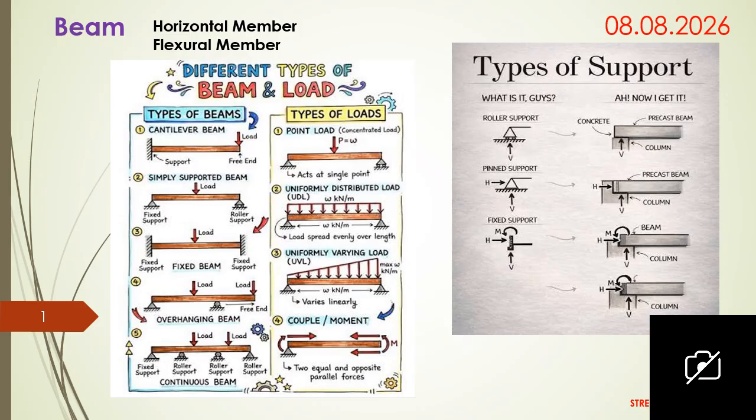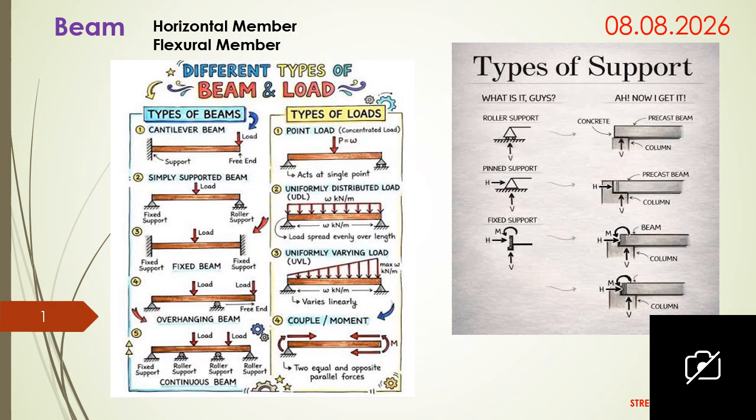If you apply any vertical force, it gives resistance. It cannot move in the downward direction. So the roller support gives reaction to the vertical force only. That's why the number of reaction is 1, and it is a vertical reaction. If the external force is in the downward direction, the reaction will be in the upward direction.